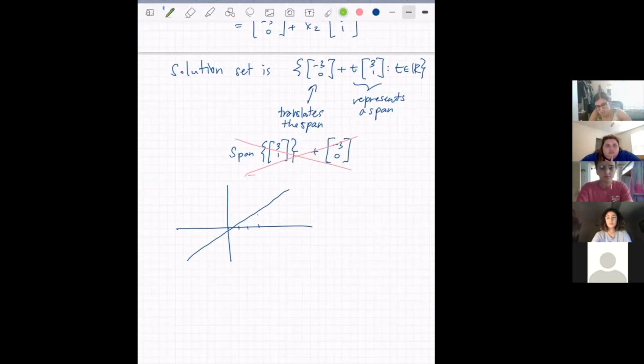So just over 3. There's 1, 2, 3. And this is the solution set of the non-homogeneous system.